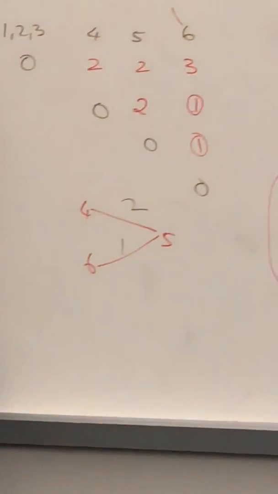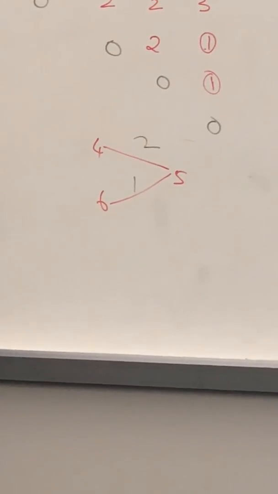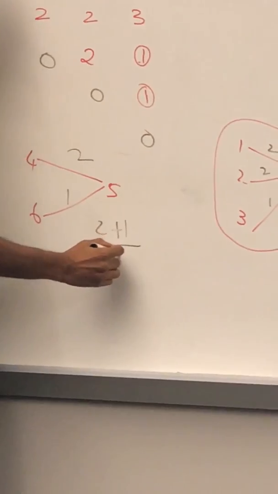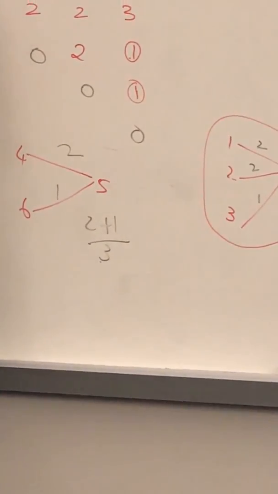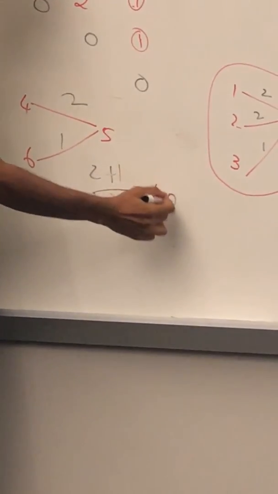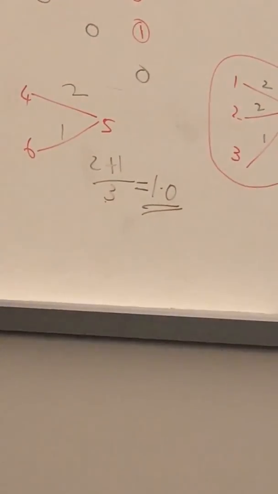So what should be this average? You can call this pairwise distance divided by pair size. 3 divided by 3: 2 plus 1 divided by 3. Why 3? Because there are 3 vertices totally. So this pair distance to pair size ratio is 1.